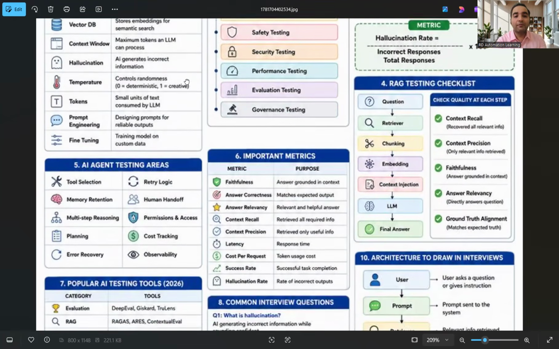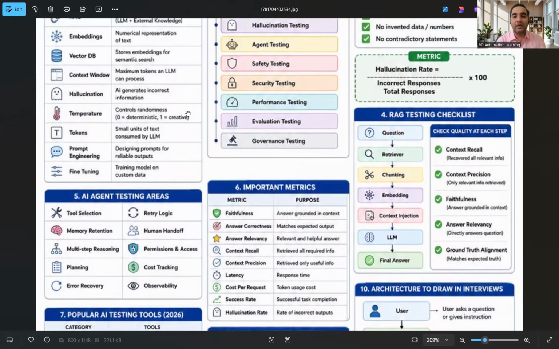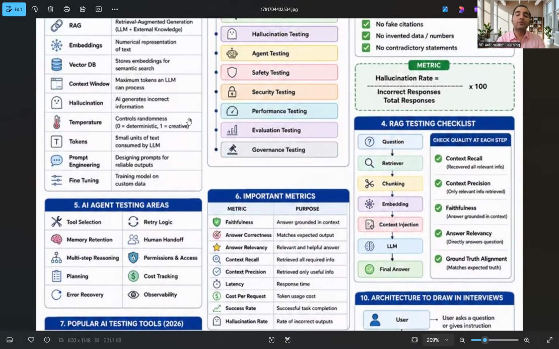Then what are the different AI agent testing areas? Okay, so how do you start with the process? First of all, you select a tool. Then you see how well the tool is able to connect with you with respect to retention. Are they able to connect the dots with respect to what you had prompted earlier, or are they starting a new session altogether?